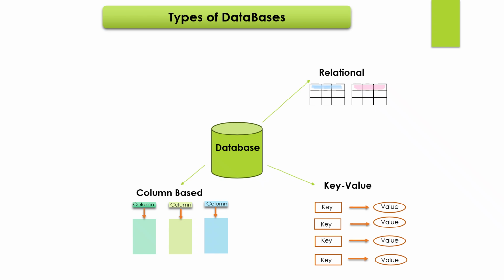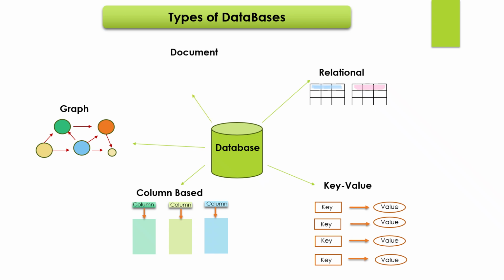Now moving to another type of database called the graph database. Here the main focus is on the relationship between the objects. The key idea is how data points are connected to each other rather than just how they are stored.